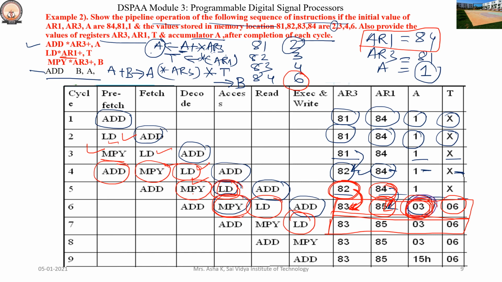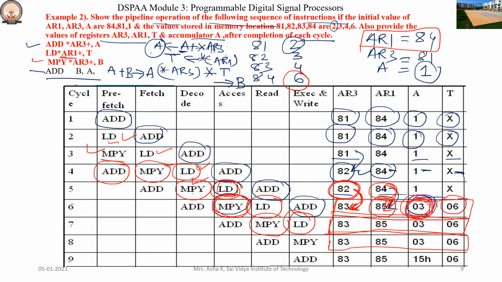So this is what happens with respect to the access phase of the MPY. When it is in the read phase, again there are no changes in AR3, AR1, accumulator and temporary register.